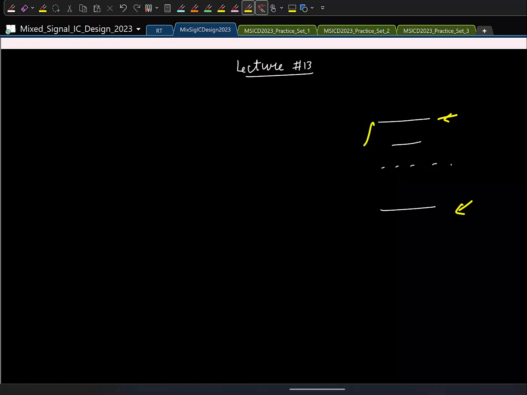If the input is lying here, the top comparator will take longer than the bottom one. By detecting which of the two comparators decides earlier, we can get an extra bit of information for free, and that we could do using an SR latch. And we also saw how we can extend it for 4x interpolation.